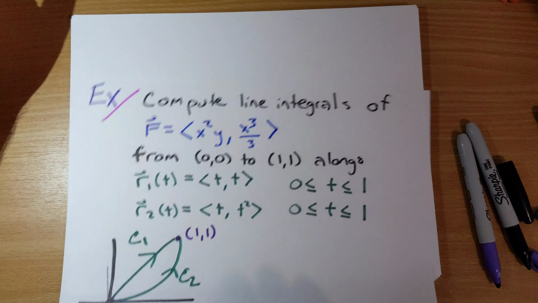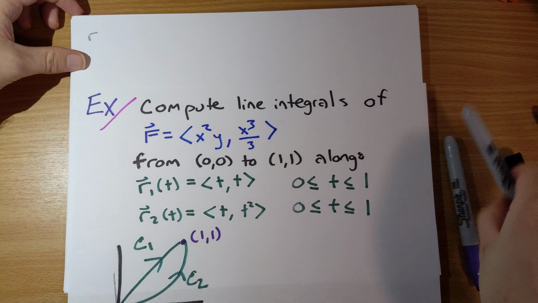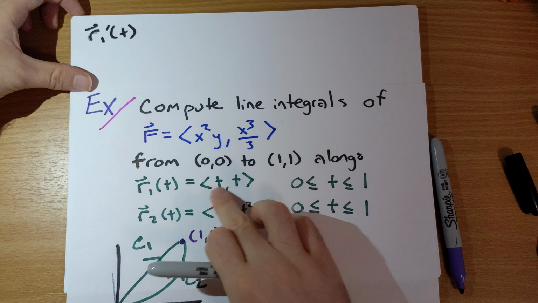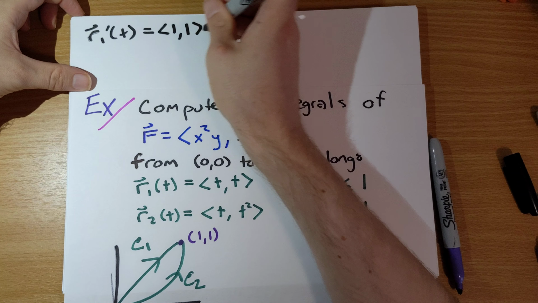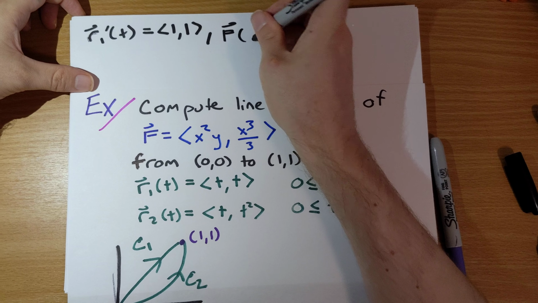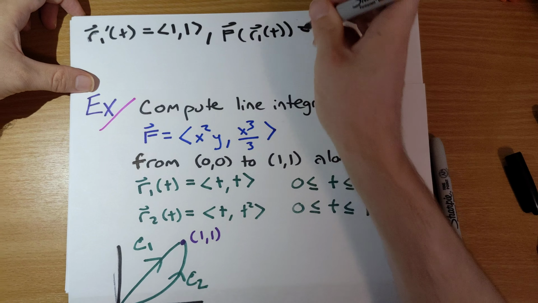We'll be needing R1 prime of t. The derivative here is just 1, 1. We know we need f of R1 of t, which is going to be plugging in x as t and y as t.